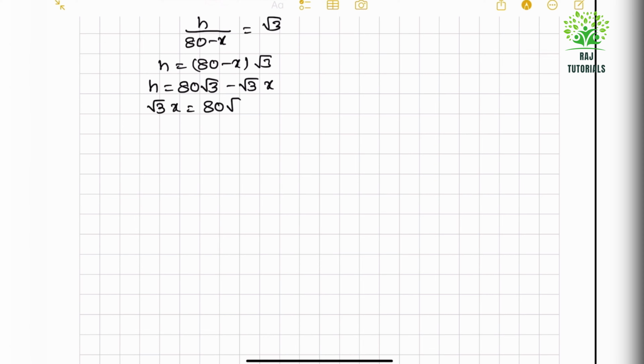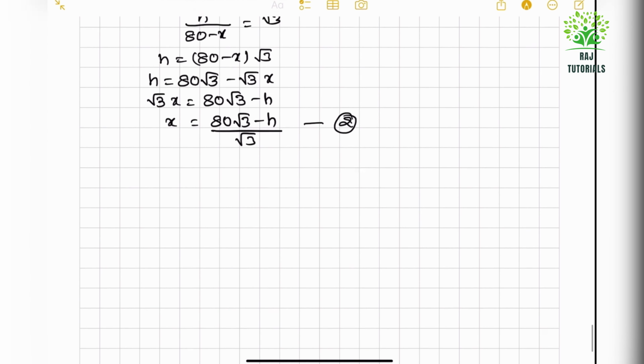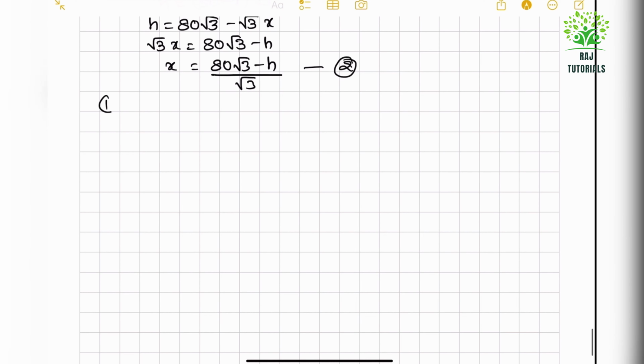So if I solve it, I will get H equal to 80 root 3 minus root 3 X. Here also if I want to solve X, keep X alone. So root 3X equal to 80 root 3 minus H. So X equal to (80 root 3 minus H) upon root 3.